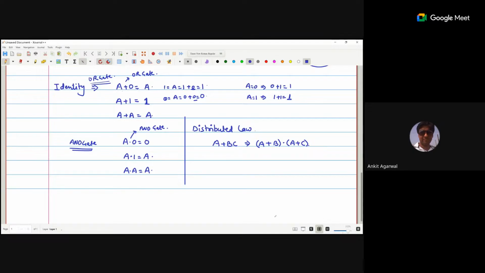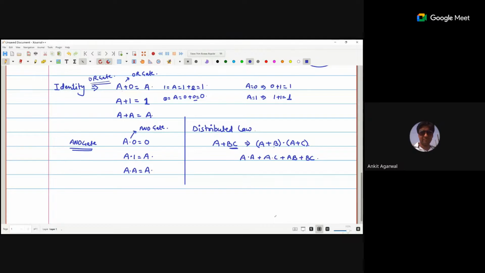So we distribute this BC into two terms, A plus B multiplied with A plus C, and we get A plus BC. To verify, I try the multiplication. Here we get four terms: A multiplied with A, plus A multiplied with C, plus A multiplied with B, plus B multiplied with C.